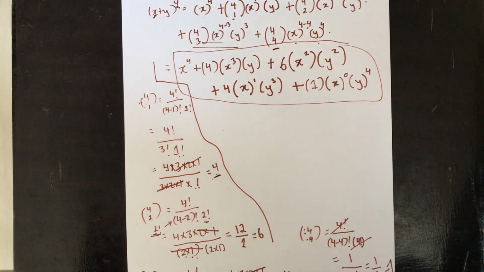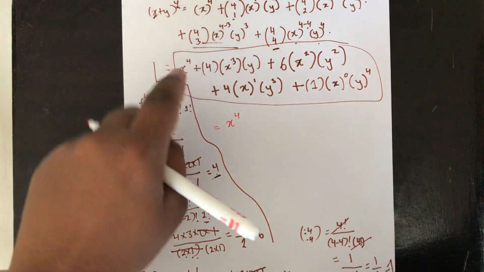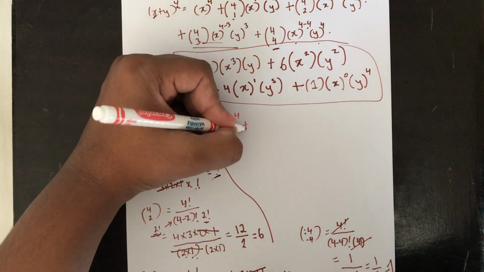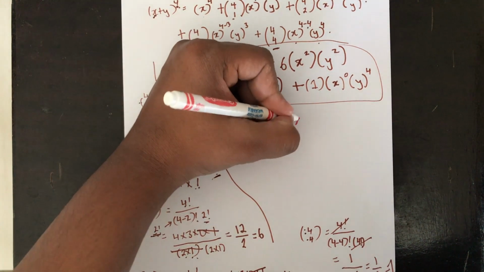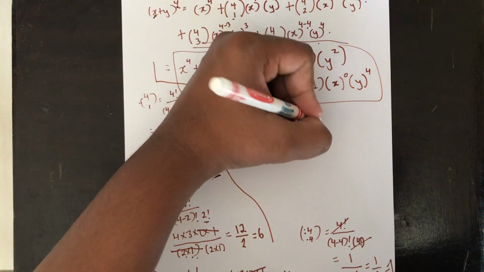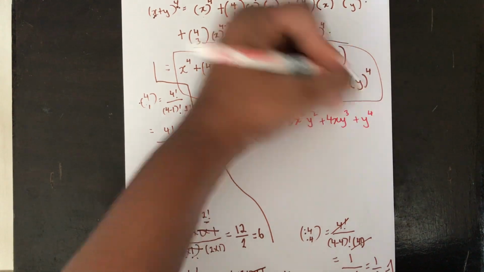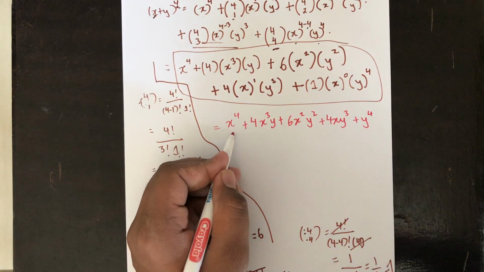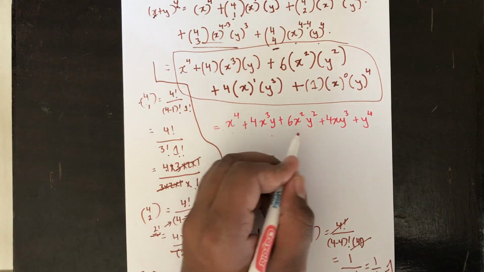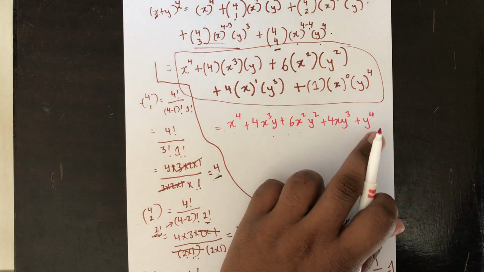So let's solve that. I have x power 4 plus 4x cubed y plus 6x squared y squared plus 4xy cubed plus y power 4. So this is the answer.